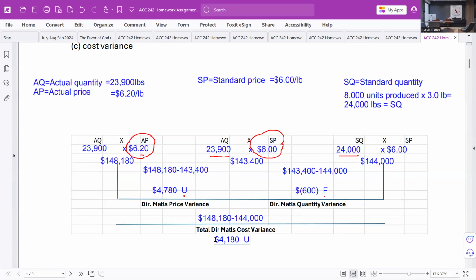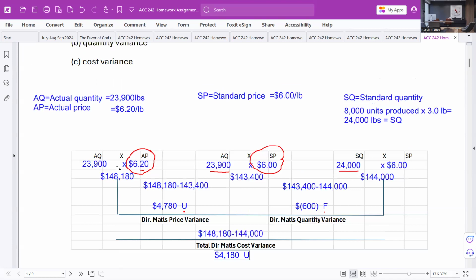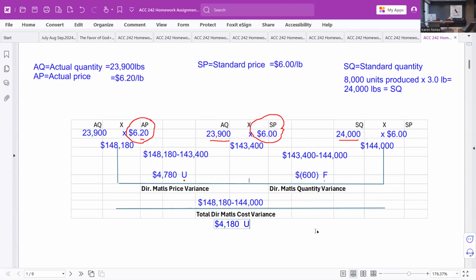Well, because it's a positive number, right? Those positive numbers, because the actual cost more than the standard. That's why it's unfavorable. The actual number cost more than the standard cost, and hence a total direct materials cost variance of 4,180. And it is, in fact, the net of these two variances, right? If you take that 4,780 minus the 600, you get 4,180, an unfavorable direct materials cost variance.